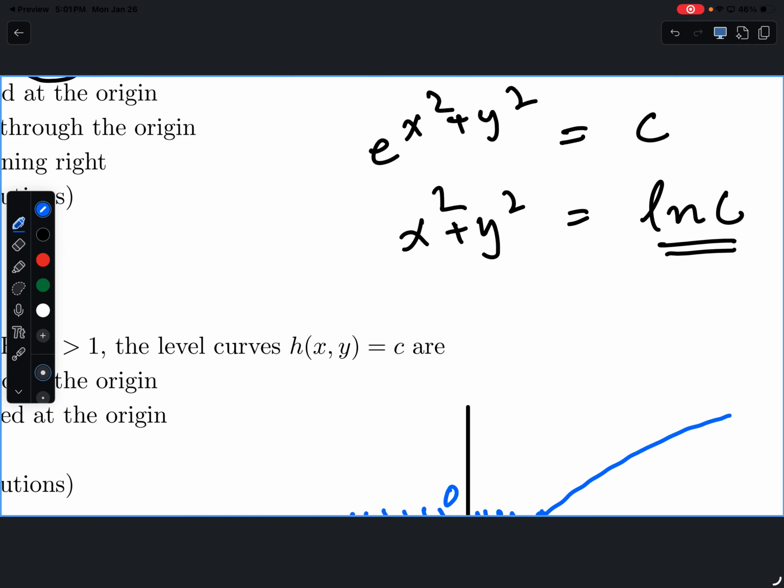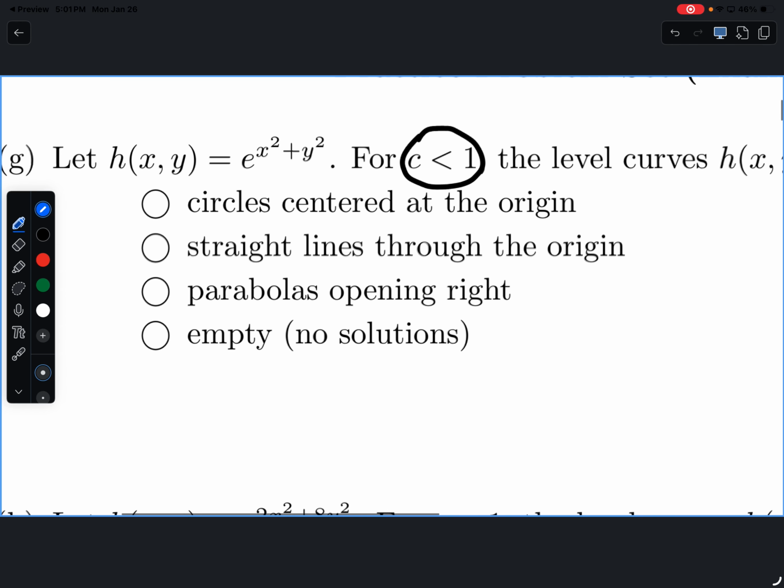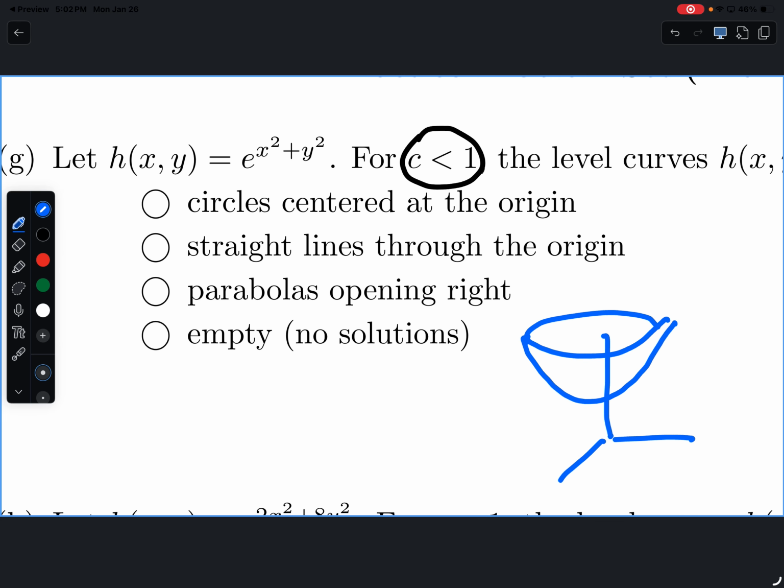Why is that so? Because if you try to graph this function, e to the x square plus y square in this 3 space, the function always looks like a parabola like this, for example. But it's always a parabola which is above z is equal to 1.